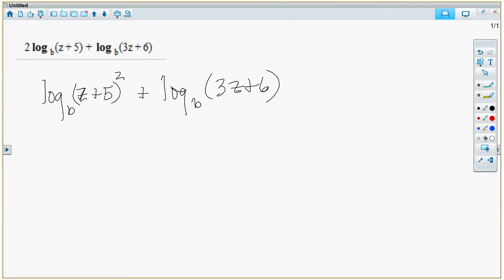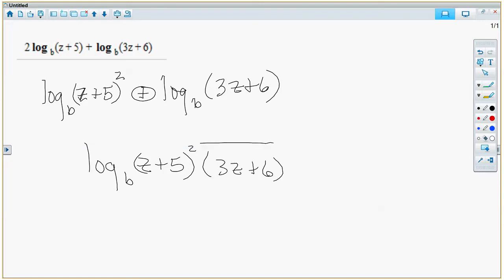Now that plus tells us that we're going to have multiplication. So log base B of Z plus 5 quantity squared times 3Z plus 6.